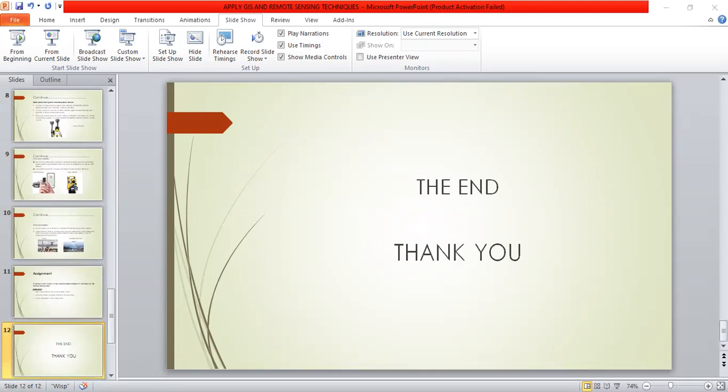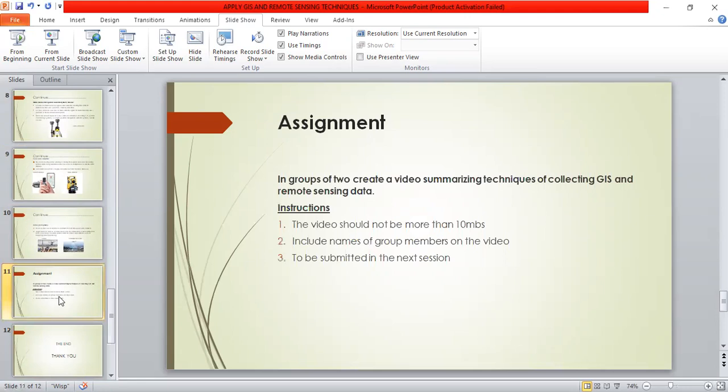So the assignment is: in groups of two, create a video summarizing the techniques of collecting GIS and remote sensing data. I'm going to share that assignment on your WhatsApp group for more clarification.